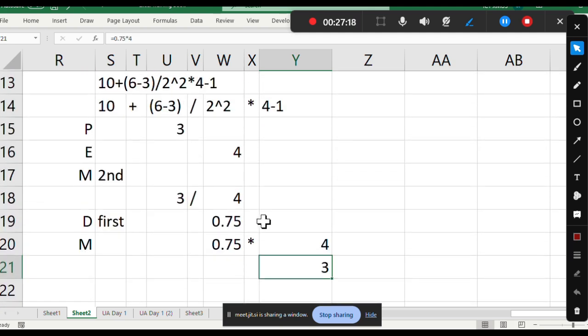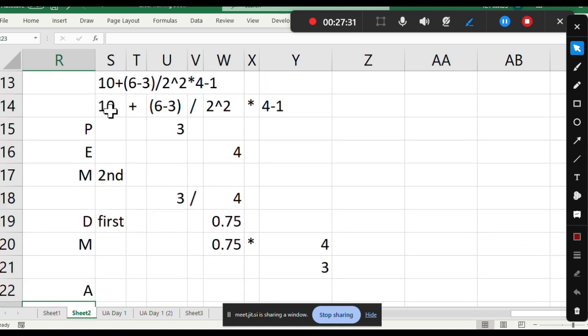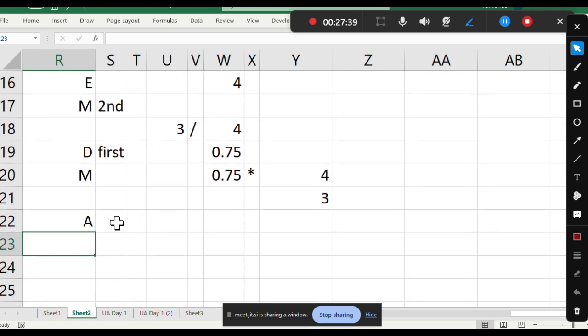So now the next thing is addition. What is the addition now? The addition is the very first thing that came in this formula, 10 plus. So that 10 plus, we now bring it down.